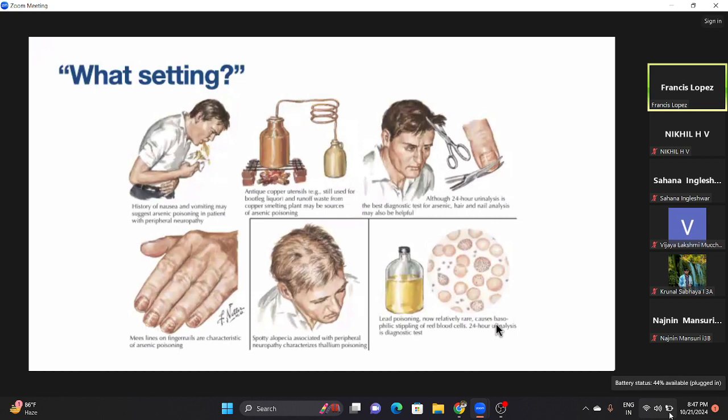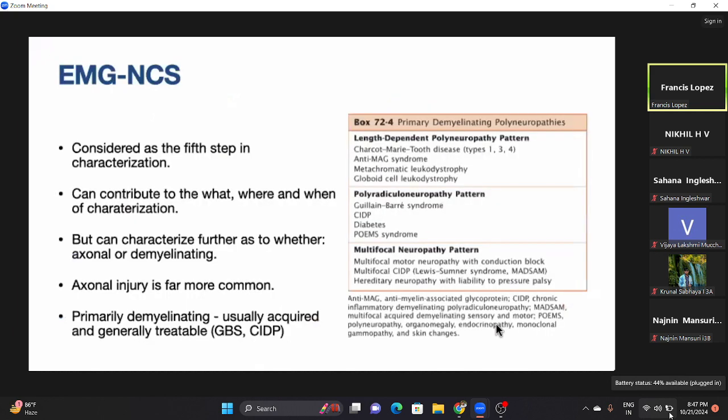Okay, an additional step may be used, which is using already your EMG, NCS, electromyography, and nerve conduction study. So this is a machine that will now look into the muscles with electromyogram and nerve conduction studies stimulating the nerves in order to know the health of these nerves.